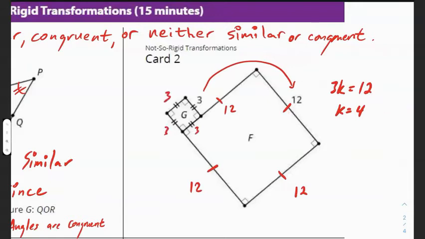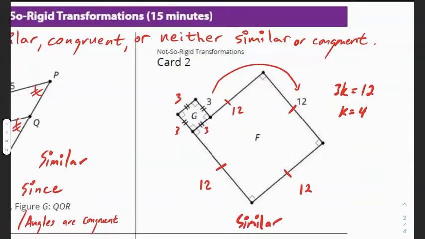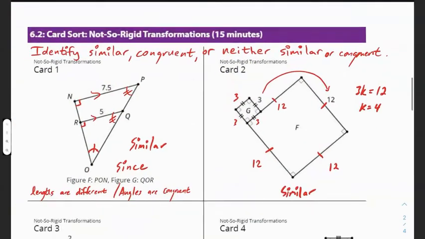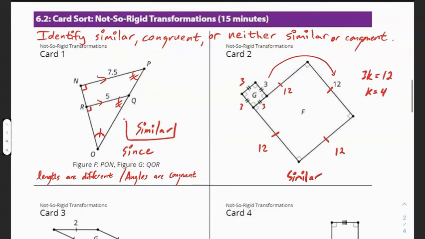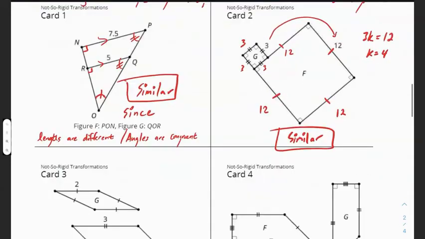So these are definitely similar, definitely going through a dilation, because the scale factor is being applied across the board. Even the angles are congruent. Lengths are different, angles are congruent, so I would say similar. Similar for the first card, second one is similar as well.